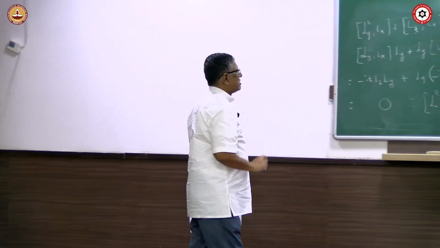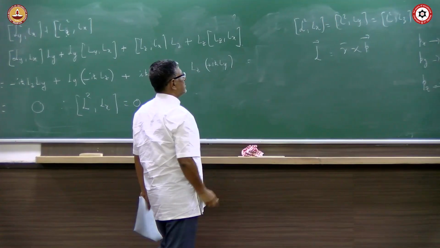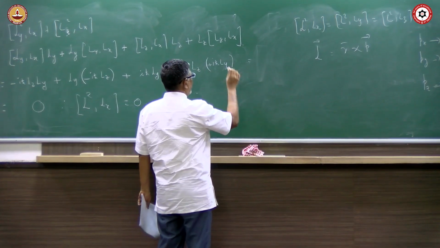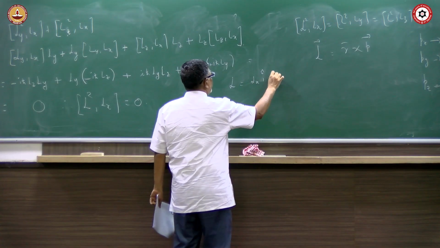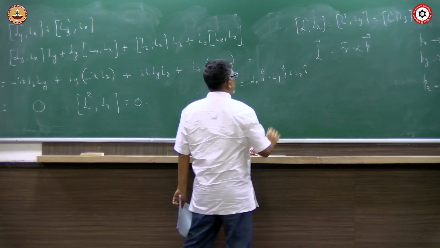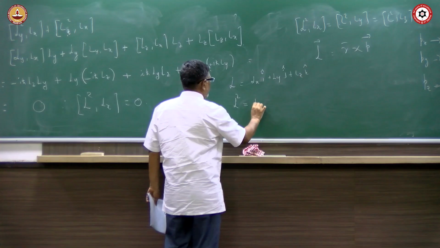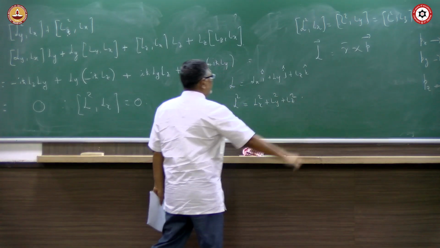Using this, we have defined the corresponding angular momentum operators. We defined L as Lx i plus Ly j plus Lz k, this is the operator. Then we defined L square as Lx square plus Ly square plus Lz square.